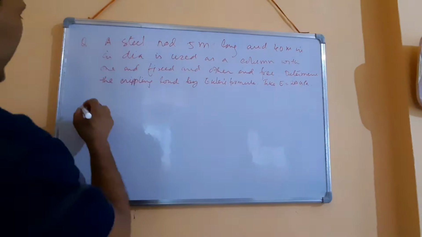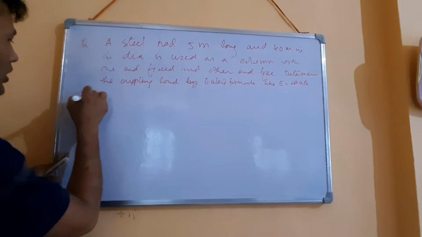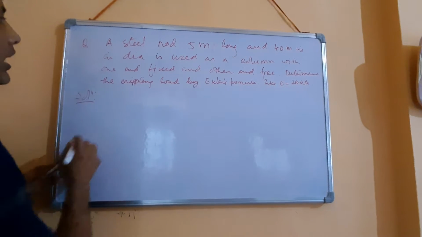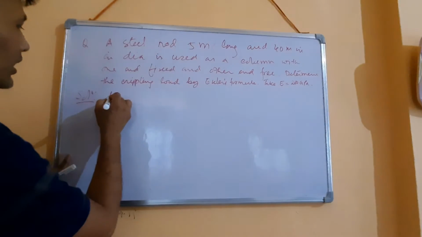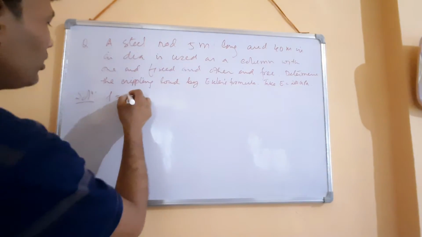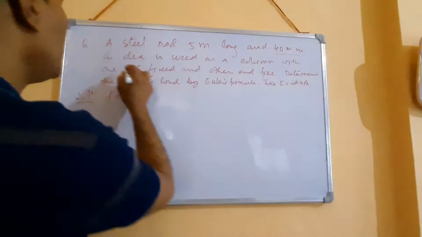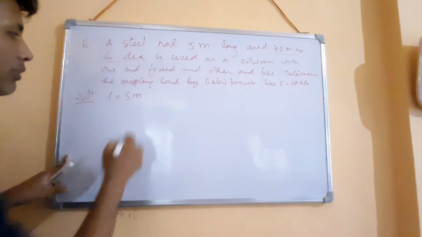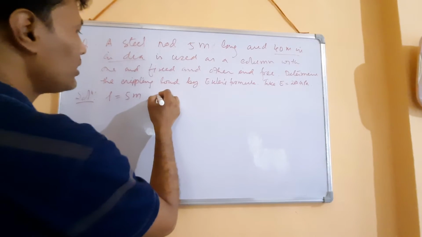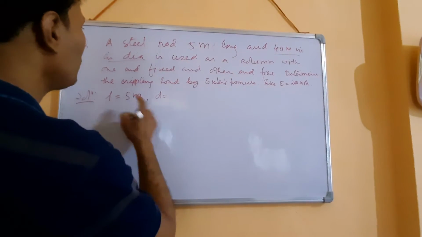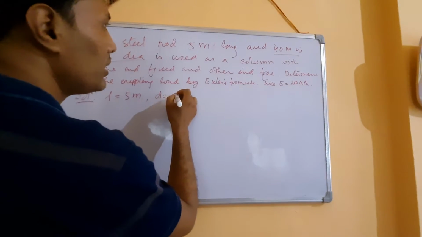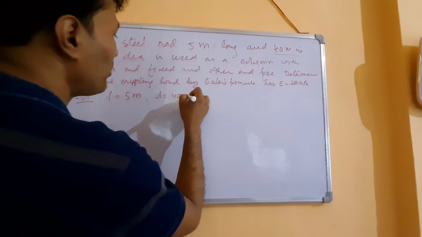So, what are the given data here? Solution. Given data is length L is given as 5 meter and diameter of the rod D is equal to 40 mm.